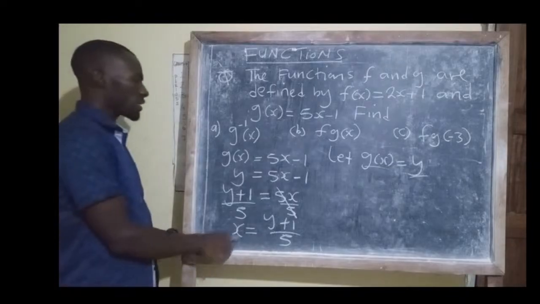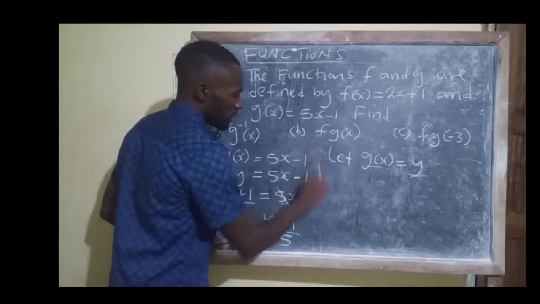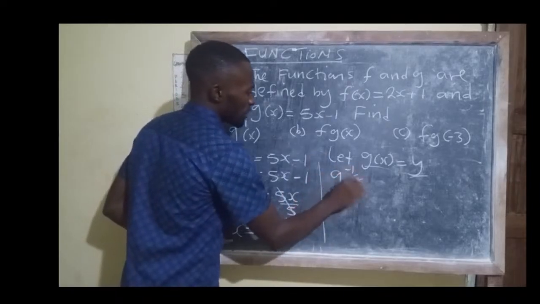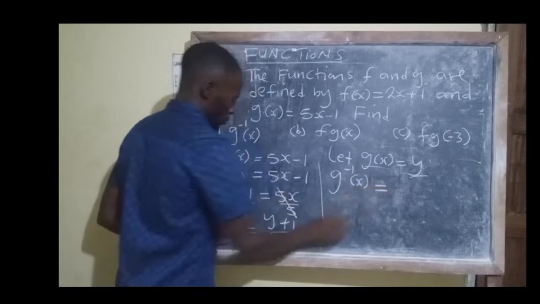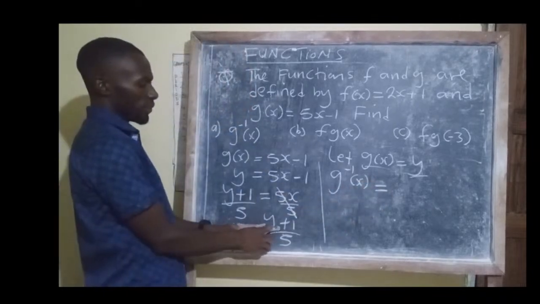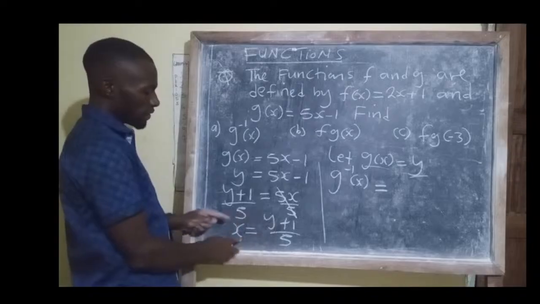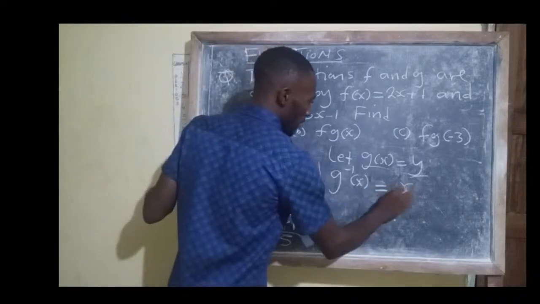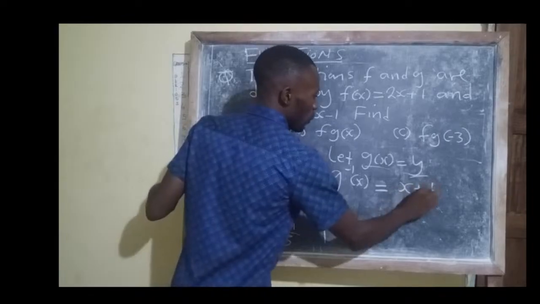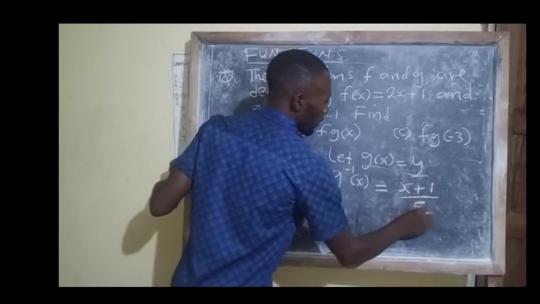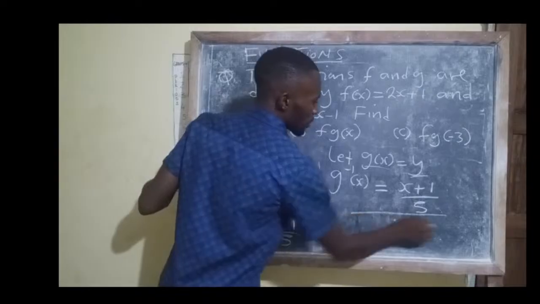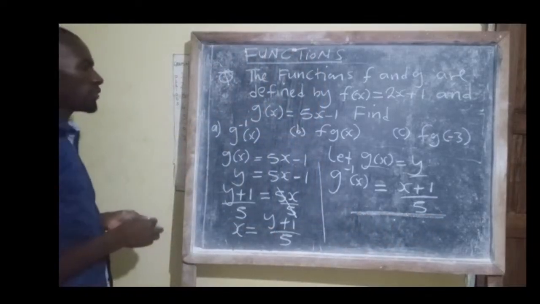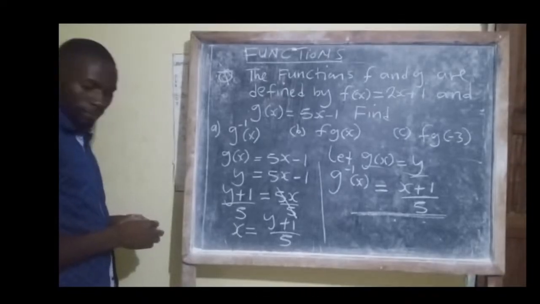So g of x inverse is equal to x plus 1 over 5. So this is our inverse, our g of x inverse.